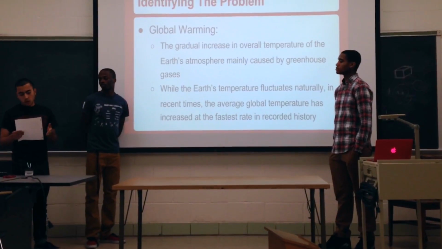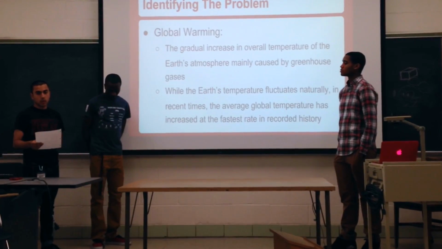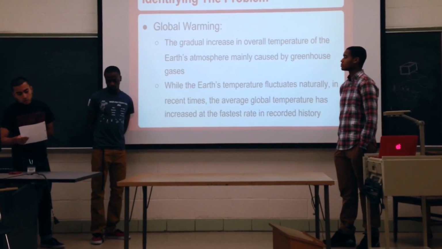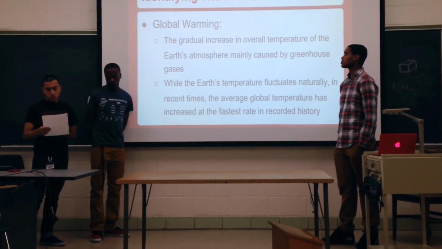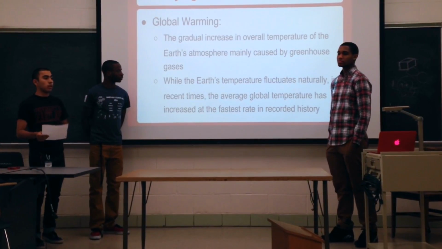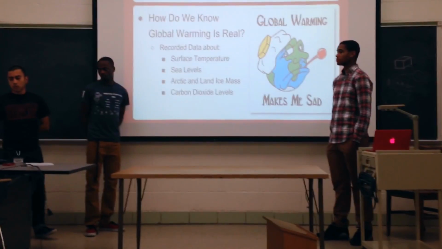And that just goes to show how our daily lives, like the cars we drive every day, make a difference in the increase of temperature. And according to the New York Times, the warmest year was in 2012, with an average of 55.3 degrees. That was just last year, so that's really ridiculous.